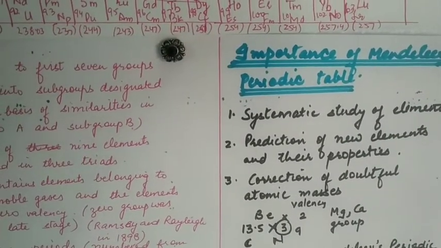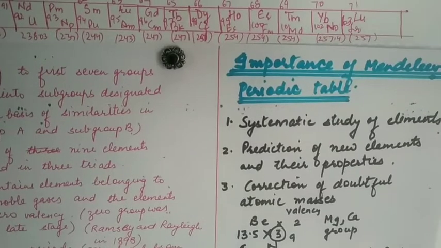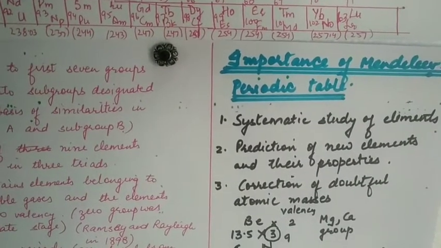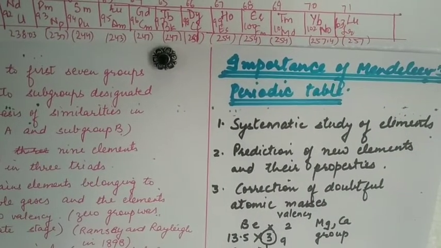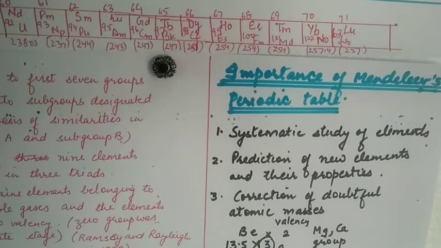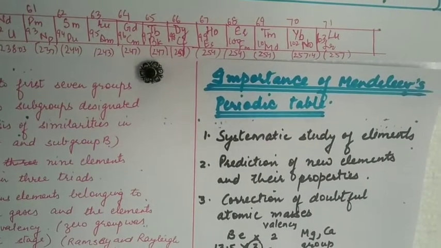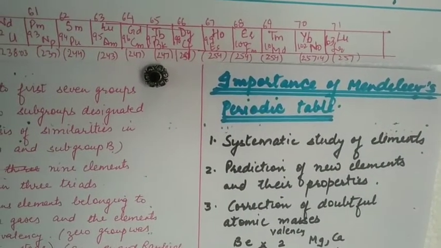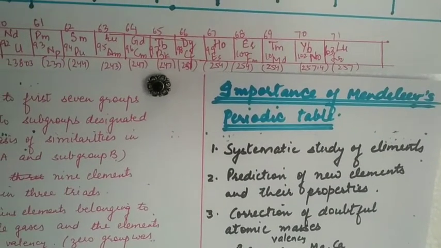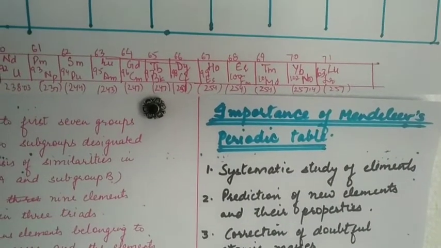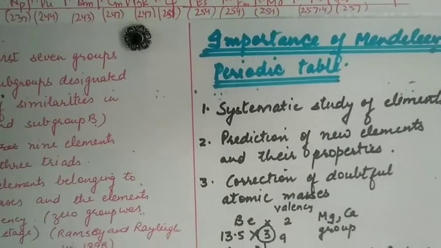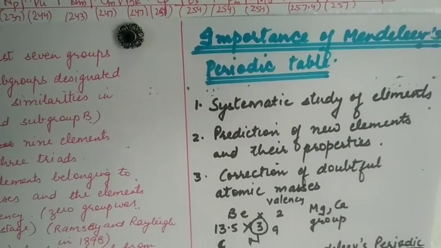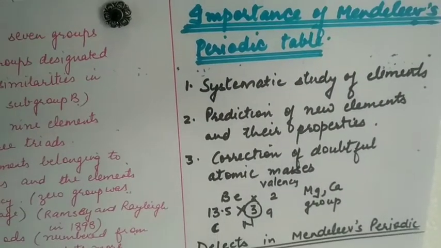While framing the periodic table, Mendeleev laid more stress on similarity in properties rather than on increasing atomic masses of the elements. So whenever a particular element did not fit in the arrangement, he left a gap in the periodic table. So many gaps were left for elements which were still to be discovered. Because of Mendeleev's placements and gaps, it was easier to discover new elements. So this was the importance.